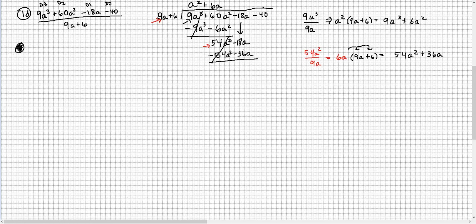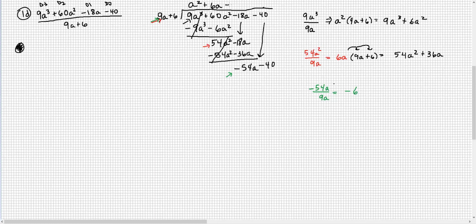This cancels, and these two combined are negative 54a. I'll bring down negative 40. And then once again, you ask yourself, how many times does 9a go into, but this time negative 54a? It's going to be a negative number, negative 6, because the a's cancel.